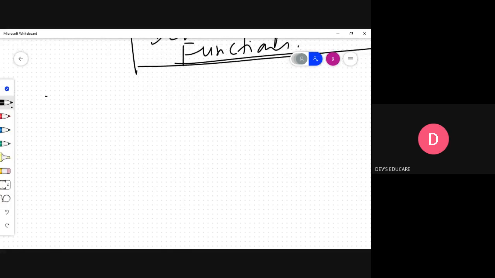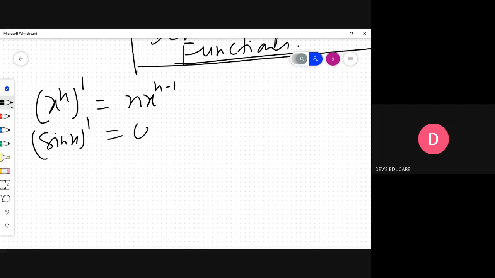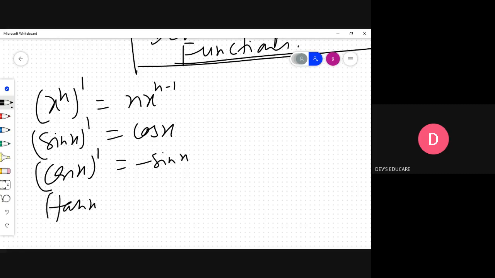Suppose we have x to the power n, its derivative is n x to the power n minus 1. The derivative of sin x is cos x. The derivative of cos x is minus sin x, the derivative of tan x is sec square x, and the derivative of sec x is sec x tan x.